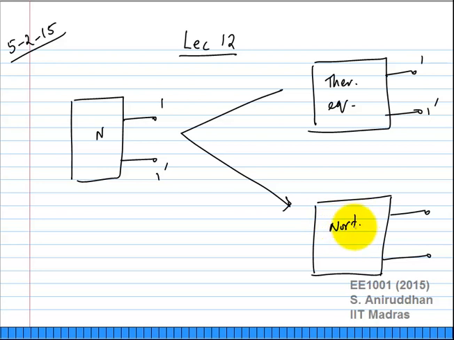Inside this I place the Norton equivalent. I just calculate what the Thevenin equivalent of this network N is, what the Norton equivalent of N is, and then I just recreate those two by using a voltage source and a resistance, and a current source and a resistance. This is 1 and 1 prime. Will there be a difference between these two? If you had to find out the difference between these two, what would that be?